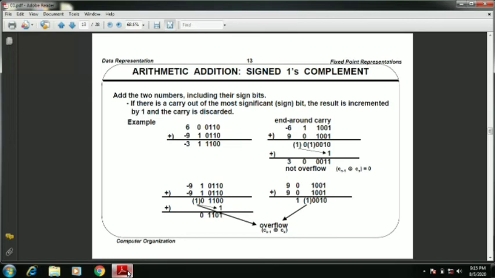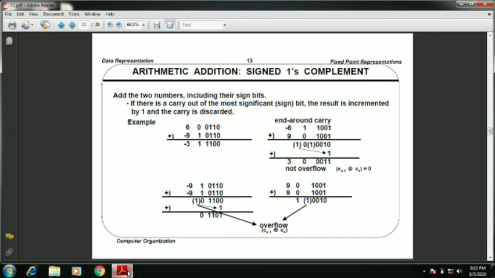This is totally different from 2's complement, where you remove the leftmost carry. Here, if you produce any carry out of the most significant sign bit, the result is incremented by 1 and the carry is discarded.